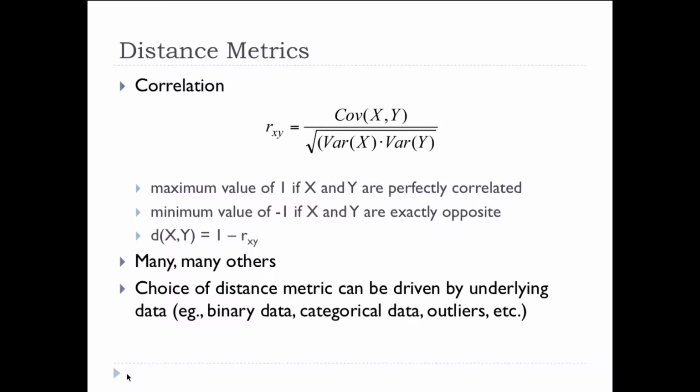Outliers we talked a little bit about, and there are many other distance metrics that are designed for specific kinds of data. So although these things often work in practice, you might want to think about whether there's a better distance metric for your type of data. But again, the distance metric and the linkage are separate from each other. Once you have a matrix of distances, you can do hierarchical clustering.